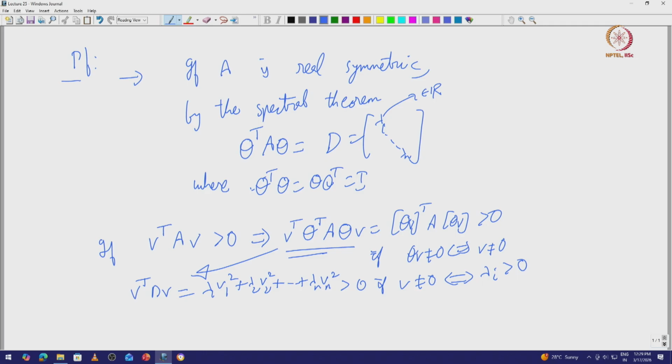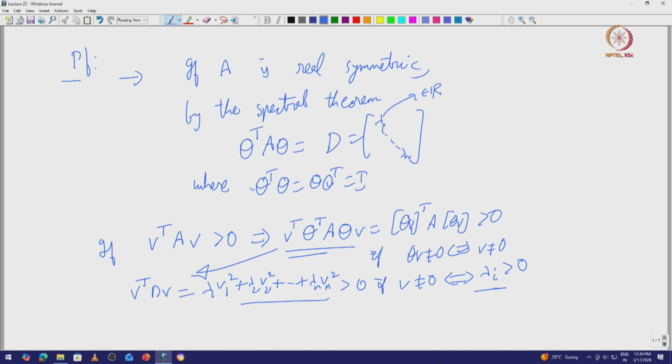Because if you put all the Vi's to be 0 except for one of them, say V1, then you get lambda 1 V1 square is positive, which means lambda 1 must be positive. That's why these two are equivalent to each other. But anyway, this implies also that a positive semi-definite matrix has eigenvalues which are all greater than or equal to 0.